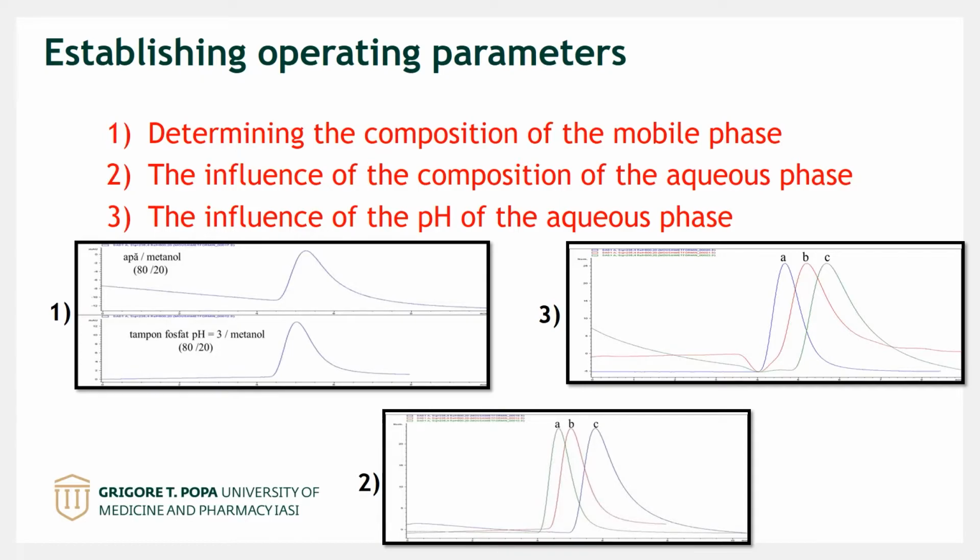From the comparative analysis of these chromatograms, it is observed in image number 3 that as the pH of the acetate buffer in the composition of the mobile phase increases, an increase in retention time and peak width is obtained. Chromatographically, a decrease in its symmetry as well as a distortion of the baseline. The conclusion is that the pH value of the appropriate acetate buffer is 3.